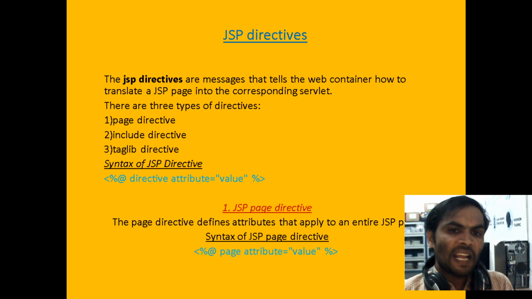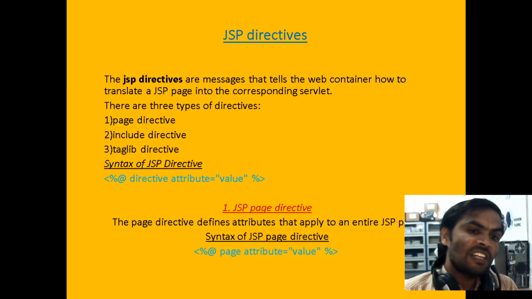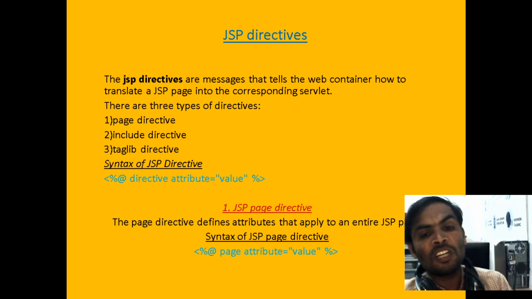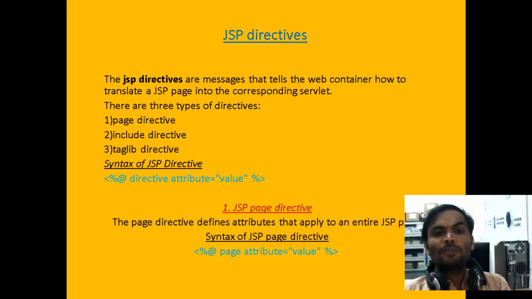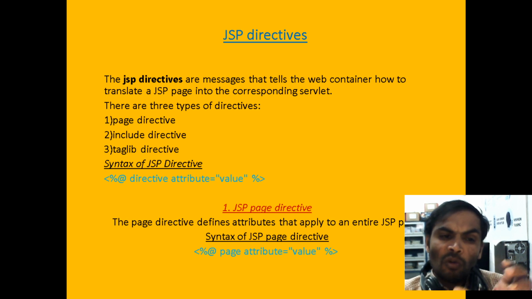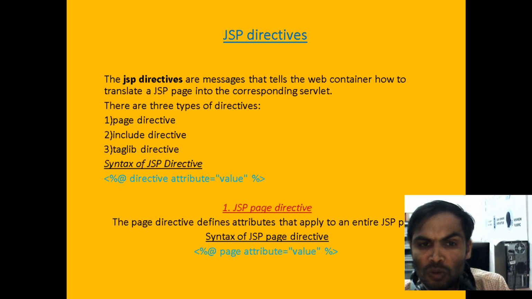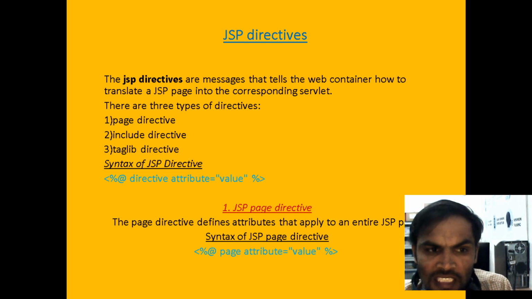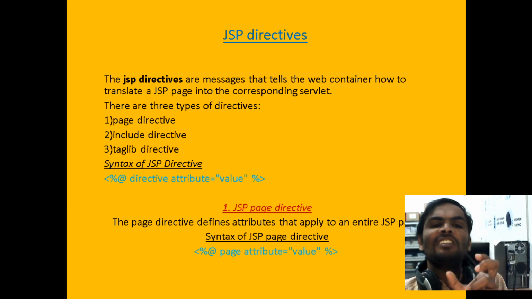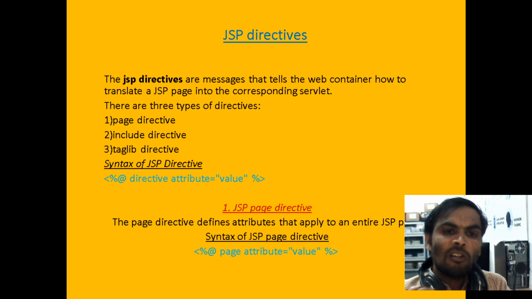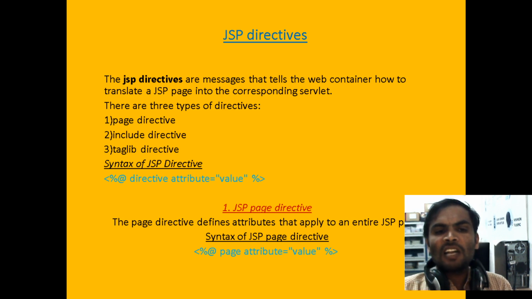JSP directive tags tell the web container how to translate your web page into the corresponding servlet program. If you want to translate the JSP page into the servlet program, we compulsorily need the JSP directives. Without the JSP directives, we cannot translate.